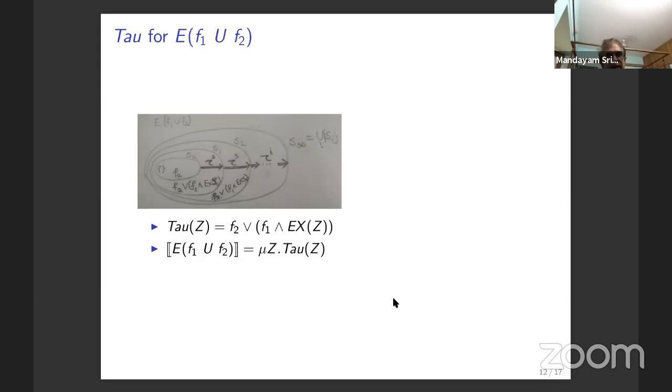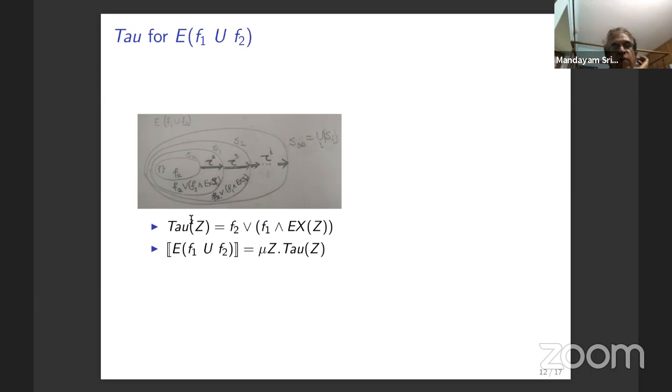As we saw briefly last time, now with the background of fixed point theory, you should get a better idea of why this cryptic thing is a fixed point of this tau. When you have CTL operators that require certain path constraints, that's when you have to do fixed point computation.